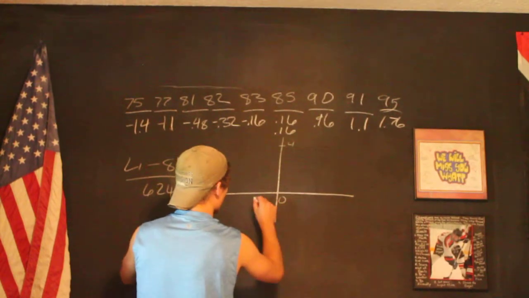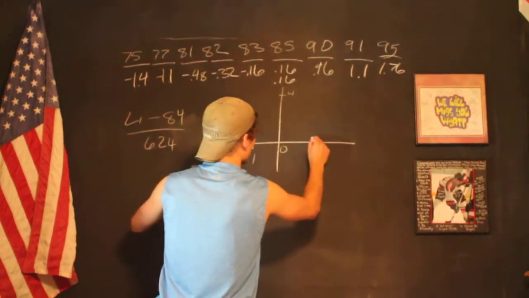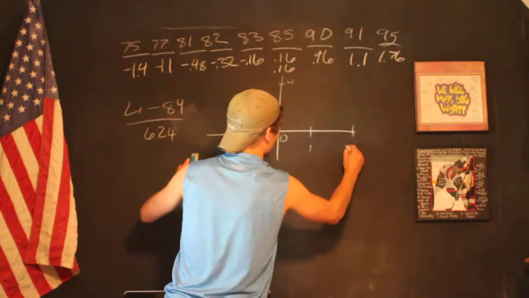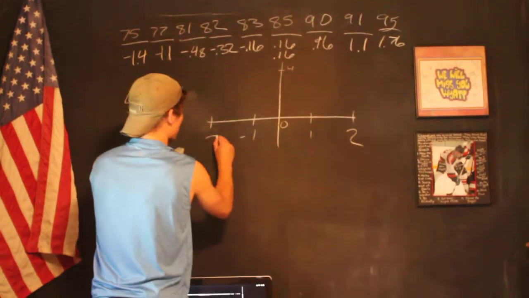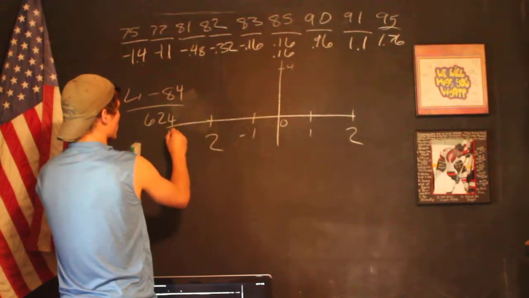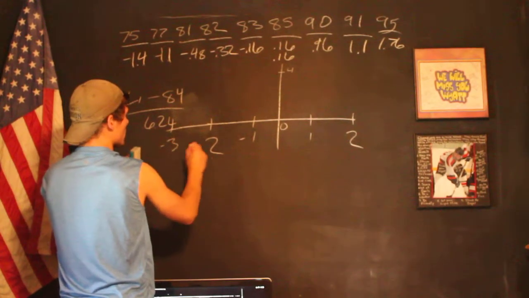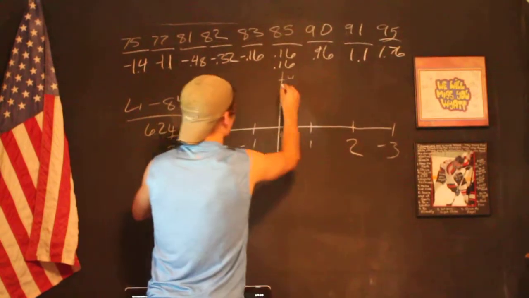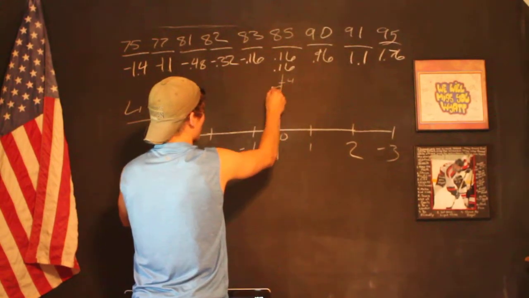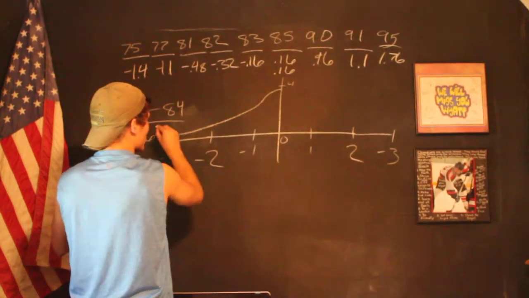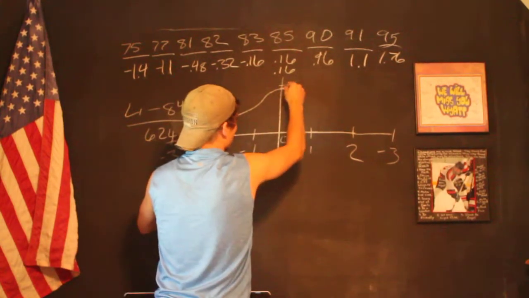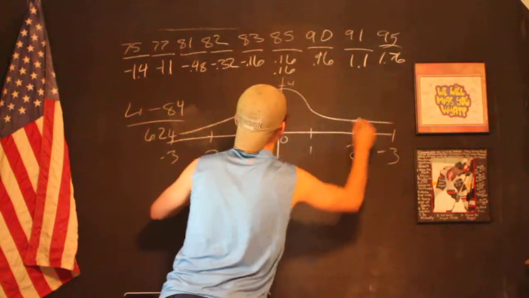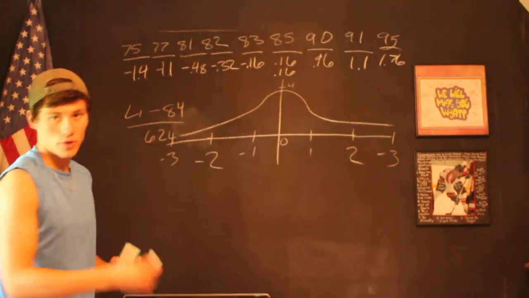There's going to be 0, we'll call that negative 1, call that 1, we'll call that 2, and out here is negative 3, negative 2, and out here is going to be 3. So we'll come down like this and inflect and come down, and we'll come down like this and inflect and come down. Not the best graph you've ever seen, but it serves its purpose.